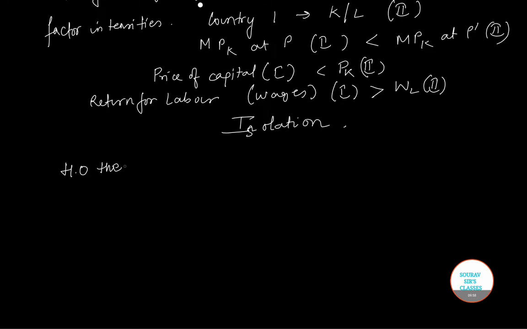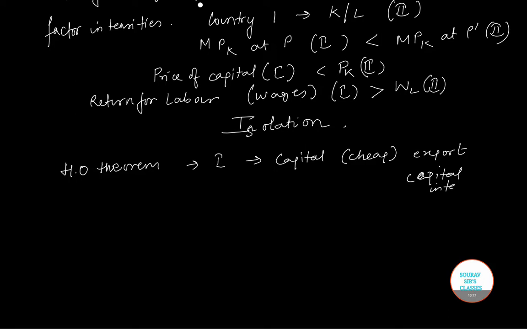So following this theorem, country 1, where capital is relatively cheap, will actually export capital intensive good, and country 2 will actually export labor intensive good.